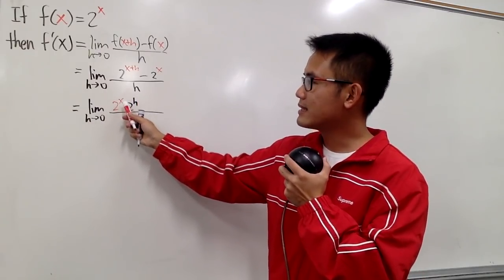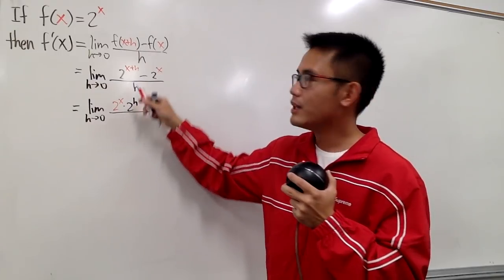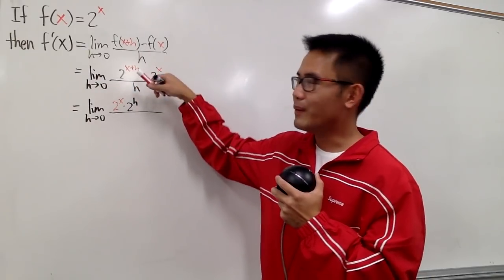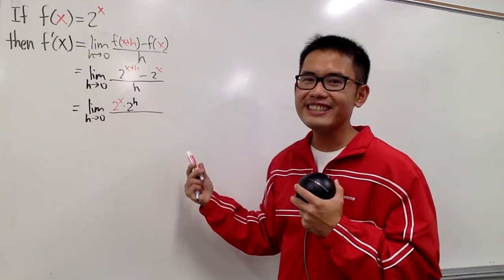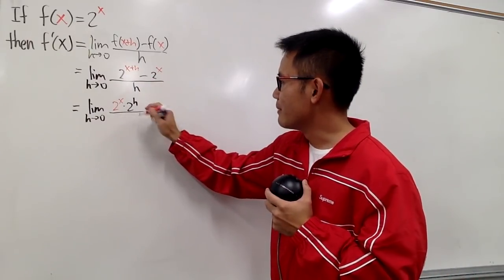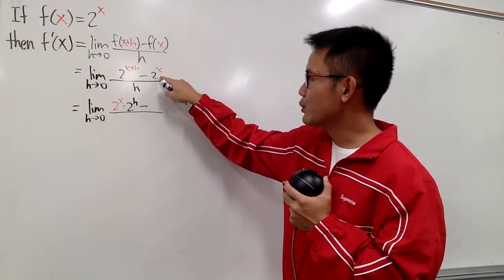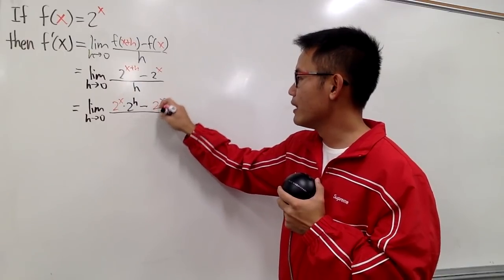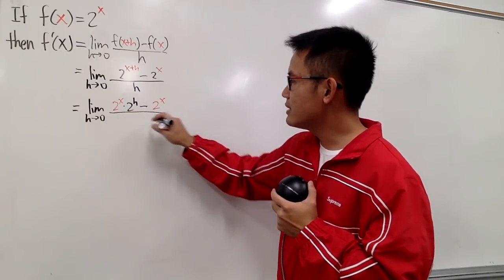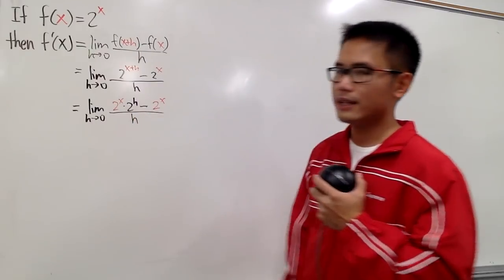So 2 to the x times 2 to the h is the same as 2 to the x plus h. We're just looking at this backwards. And then we have the minus 2 to the x, which I'll write in red as well, and all this is over that h.